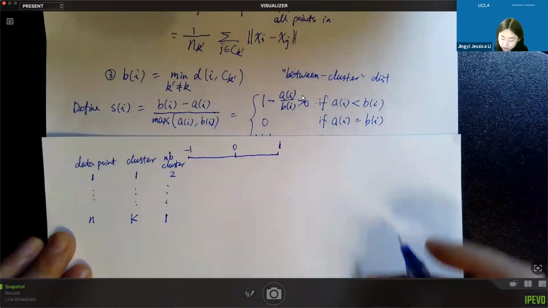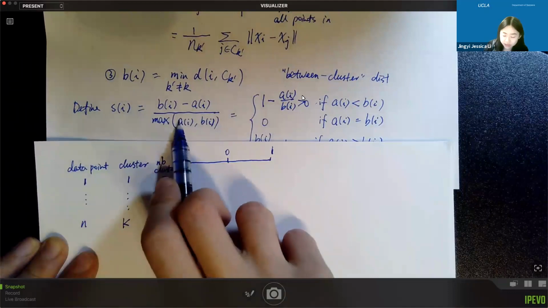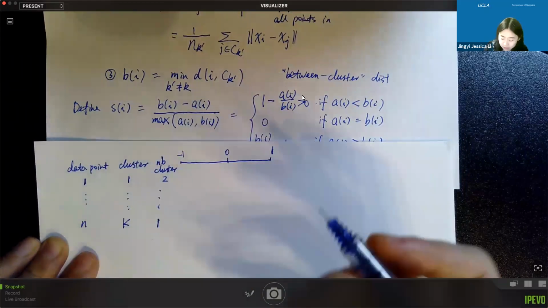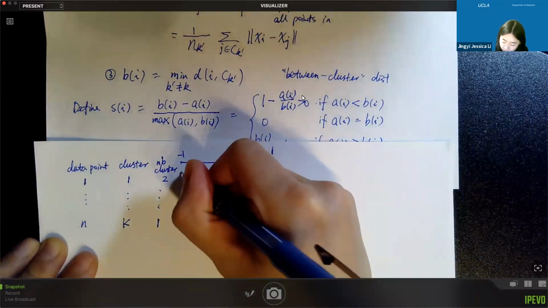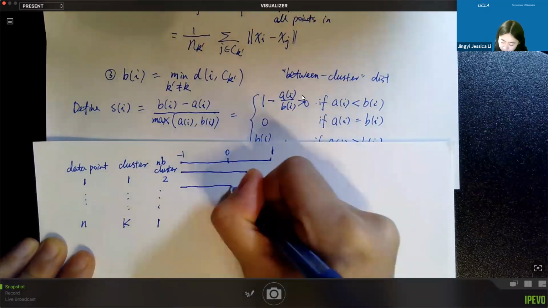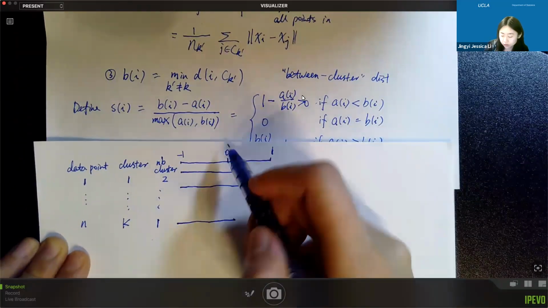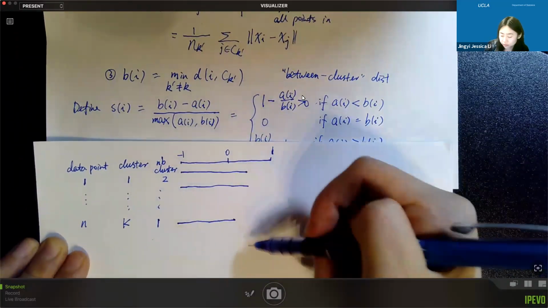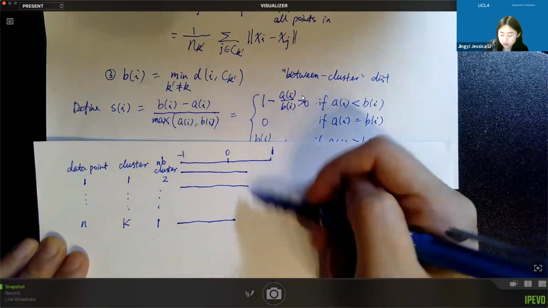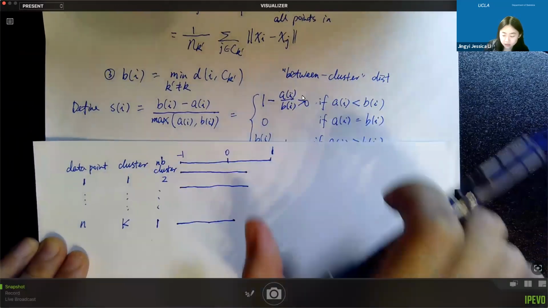You would want most data points to have positive silhouette to indicate that clustering is good, right? So you will have a bar for data point 1, and a bar for data point 2, and a bar for data point N. Each bar will go to the number its silhouette is at. So you want to have a lot of long bars to indicate a good clustering.